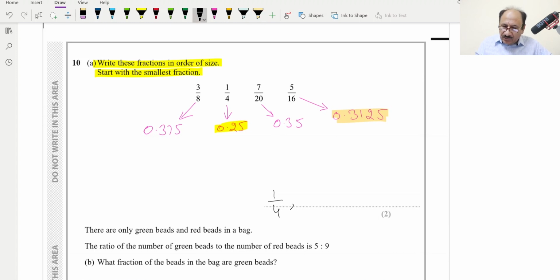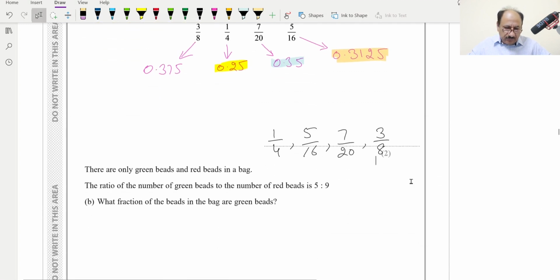We will be giving 5 over 16 as the second one. And the third one is 0.35, so our answer will be 7 over 20. And the last one, the biggest one, is 3 over 8.